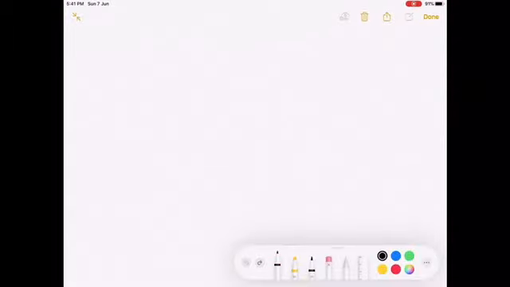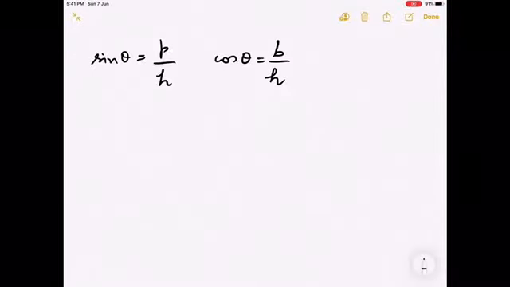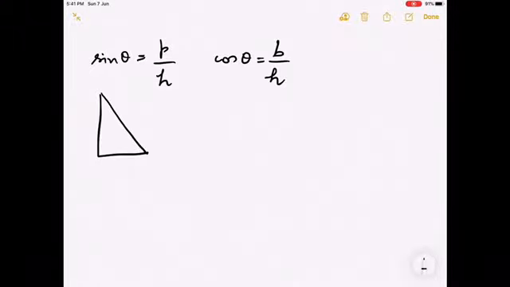Sin theta is equal to perpendicular upon hypotenuse, and cos theta is equal to base upon hypotenuse. Now, as I told you earlier, there is a very important theorem related to right angle triangles which we will be considering later on. So let us consider that theorem along with these two ratios here.